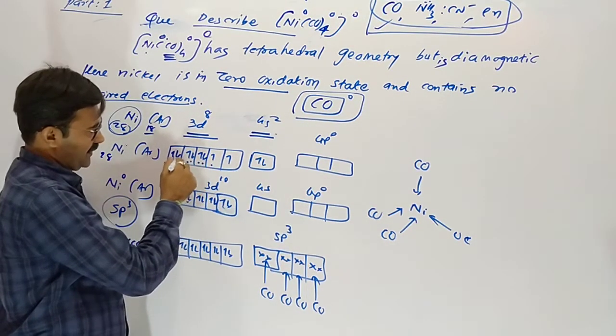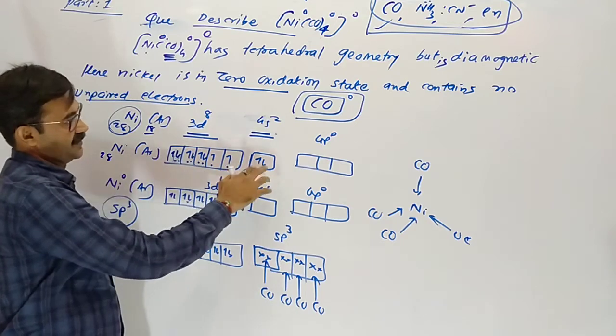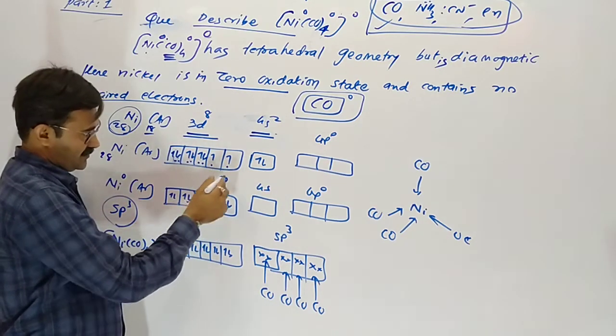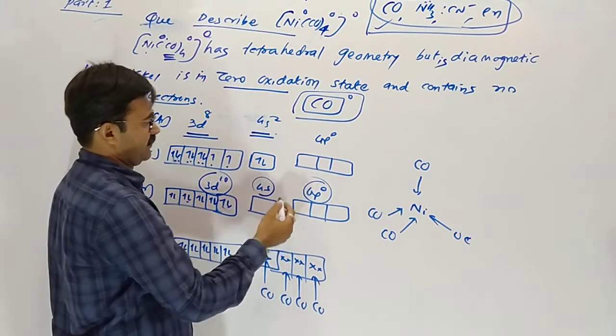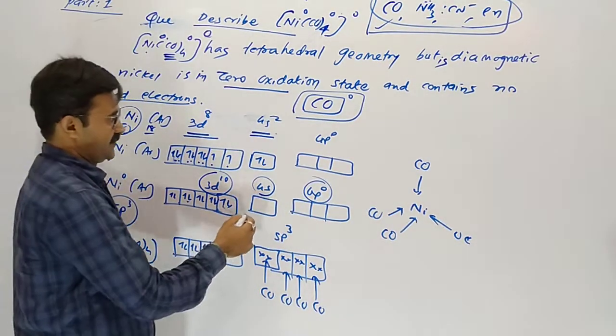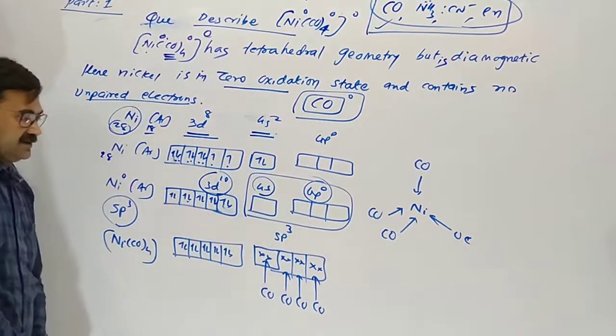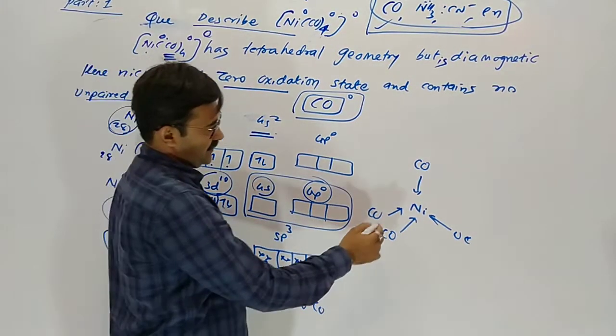If already paired, nothing happens; if unpaired, it will pair them. These two come here, so now it became 3d10. Here one 4s and three 4p are vacant, since four ligands are coming.